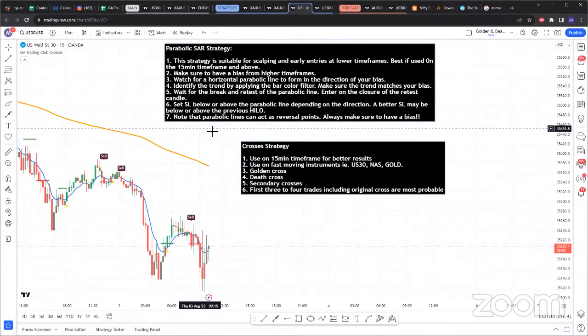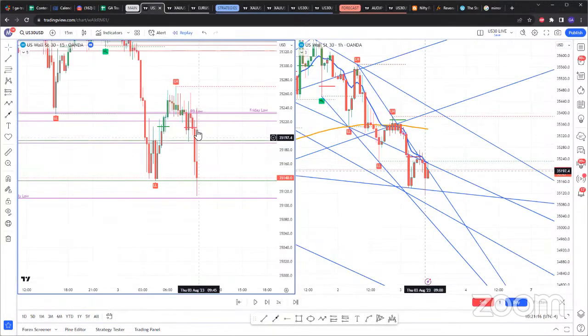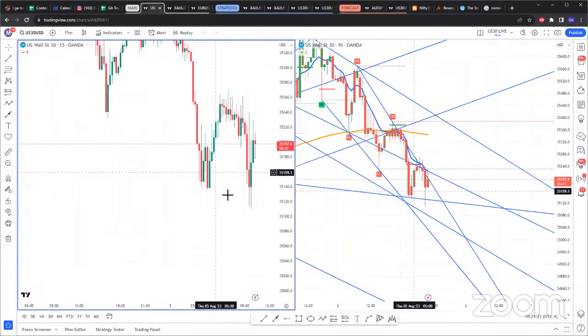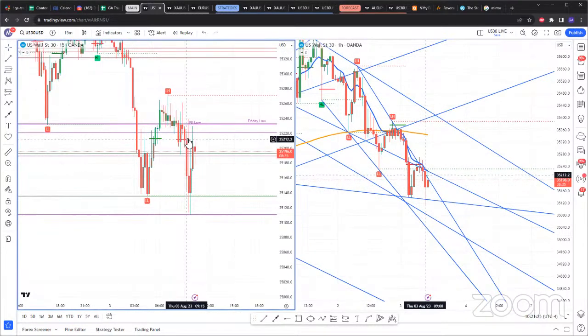And lastly, note that parabolic lines can act as reversal points. As much as this zone is red, I don't know where US 30 is right now, it can act as a reversal point if we get a break and closure above it, which would also line up with a break and closure above this green zone. The most important thing is to know your bias and know when your bias will change.